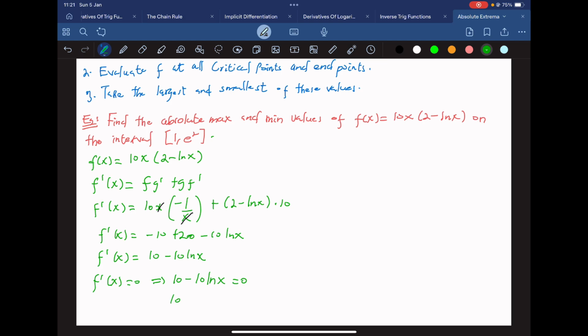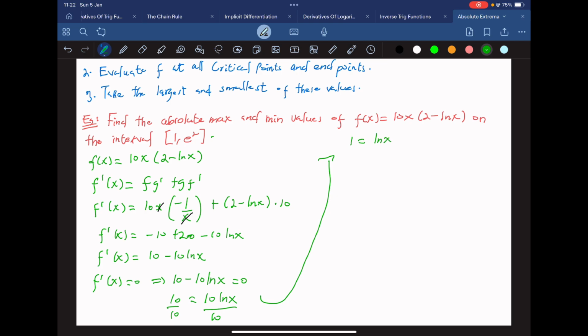If we send this to the right hand side, it becomes positive 10 ln of x. To find x, we divide each side by 10. 10 over 10 is 1, so we just have ln of x.